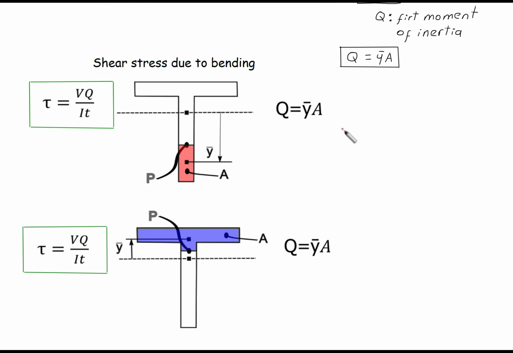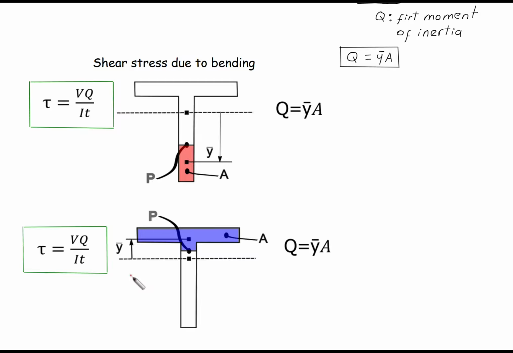And that's Q. Okay, you could also wonder, what if P is above the neutral axis? In this case we have the same expression, but Q, that is y bar times A, turns into this. The area is the area between P and the top of the section, and the y bar is the centroid of this area from the neutral axis.